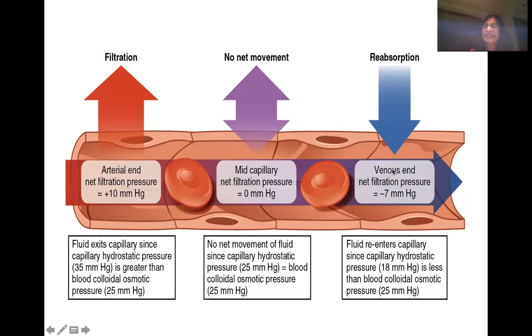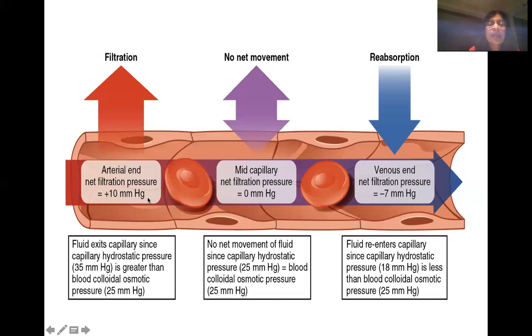So this is a simplified version of capillary exchange. We can use this mechanism or the setup of various pressures in the fluid shift. We can talk about what happens if there is greater hydrostatic pressure than normal.